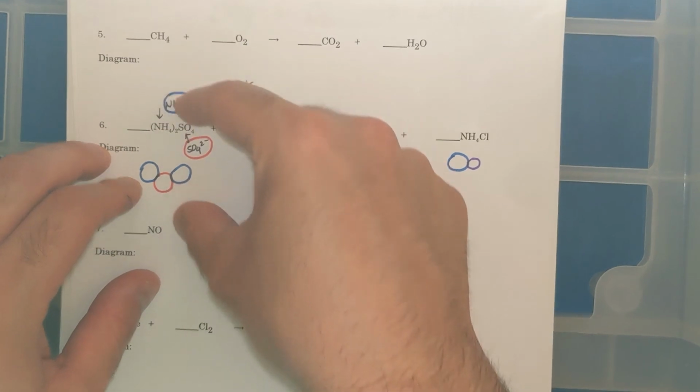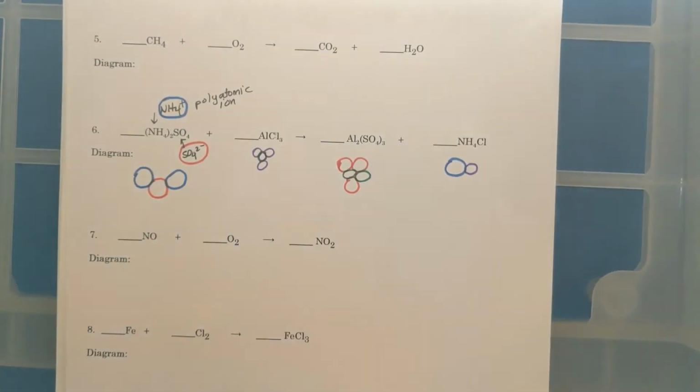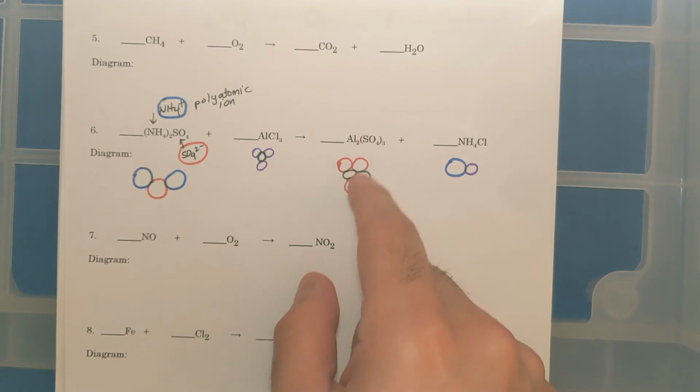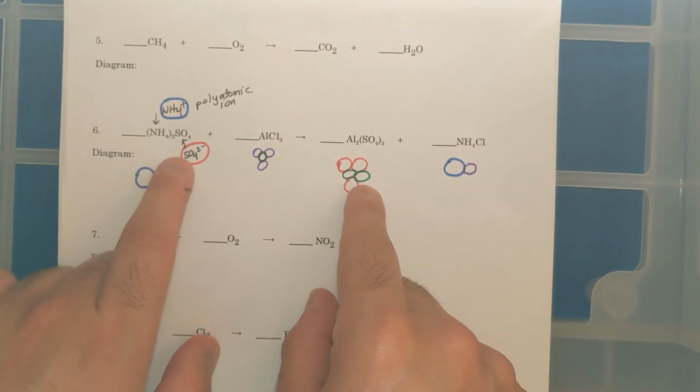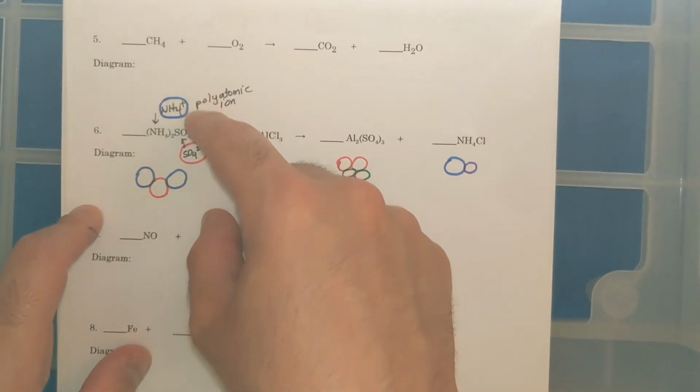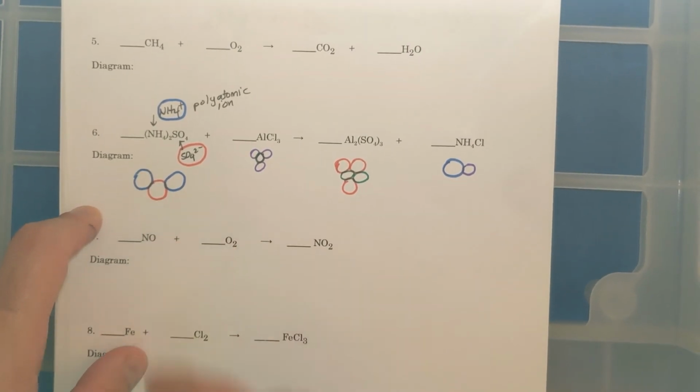I'm going to need 3 sulfates on this side. This is how you could balance. You just choose an atom that there's not the same amount and just start adding. So I have 3 sulfates on this side and only 1 on this side. I need 2 more sulfates on this side.